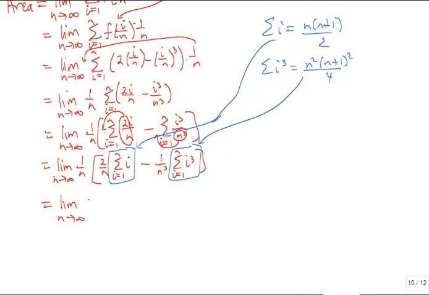So recopy all the stuff out front. Don't forget your 2 over n out front, and then in parentheses I'm going to write that n times n plus 1 over 2. Don't forget your 1 over n cubed. In parentheses, I'm going to write n squared times n plus 1 squared all over 4.